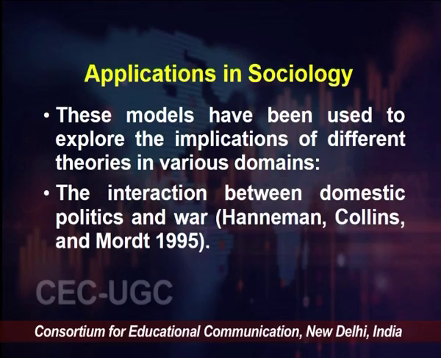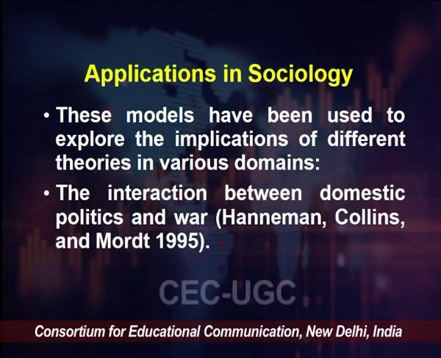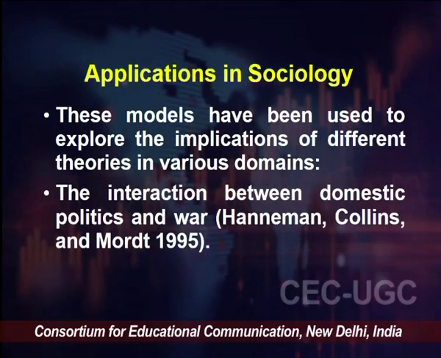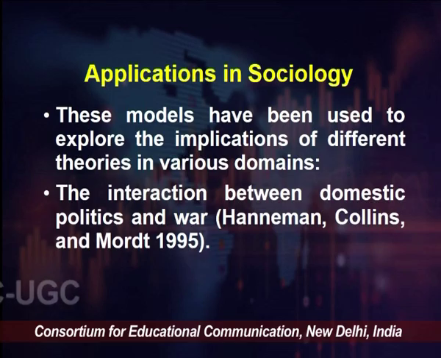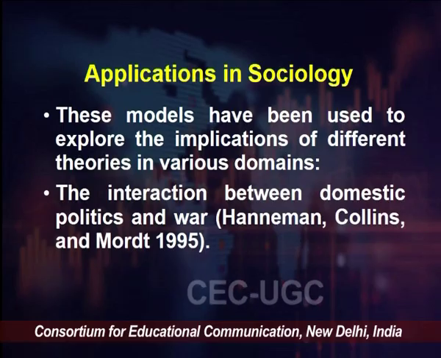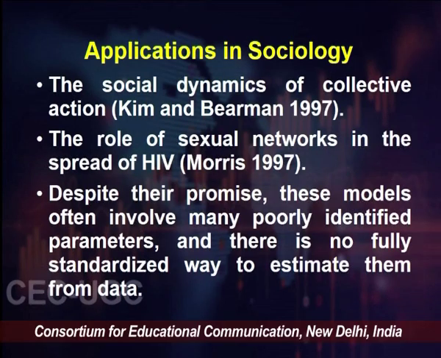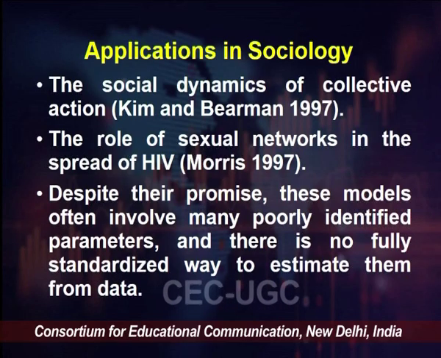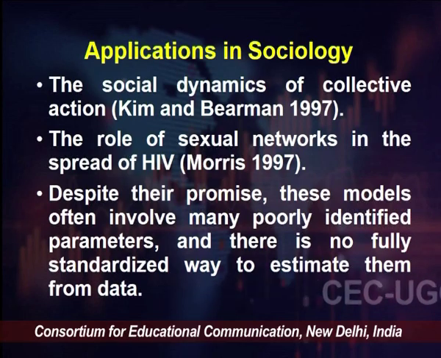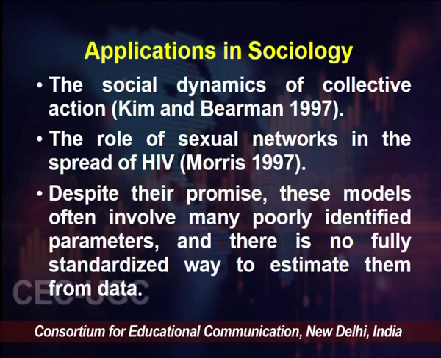How are these models used in sociology? These models have been used to explore the implications of different theories in various domains. The interaction between domestic politics and war. An example of such work is from Hanneman, Collins and Mordt, published in 1995. The social dynamics of collective action is another application in sociology, and the authors are Kim and Bearman, published in 1997.